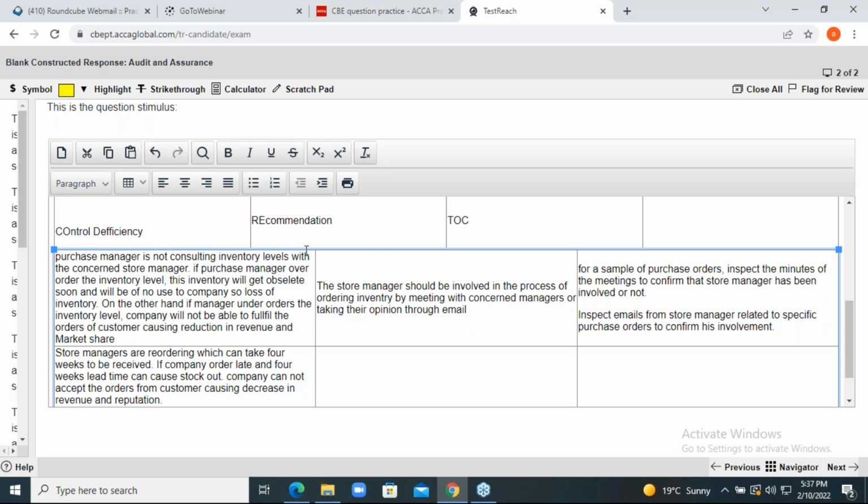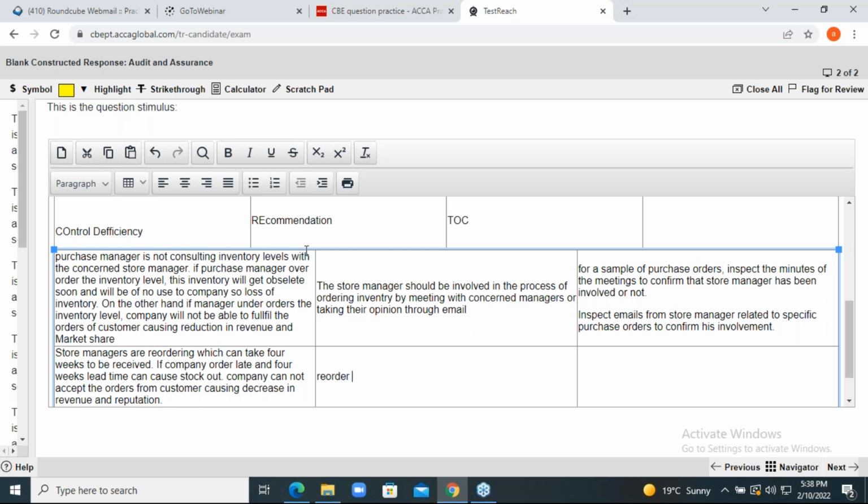It should be established and calculated on the basis of this lead time of 4 weeks, so that if the inventory is reduced to this reorder level, a purchase order should immediately be sought, so that when after 4 weeks this inventory is received, we are not out of stock. So this is the recommendation.